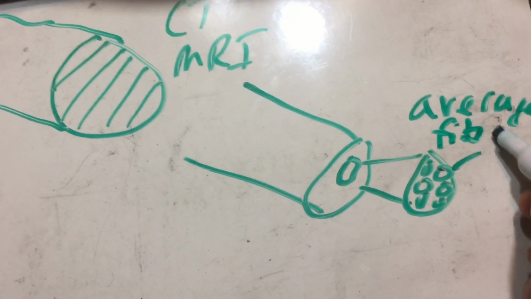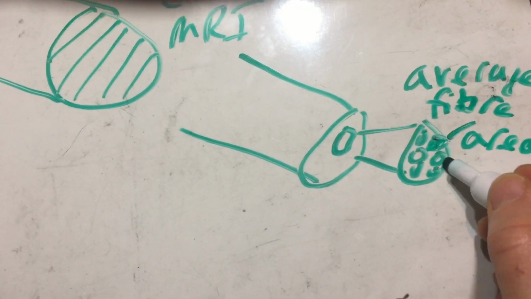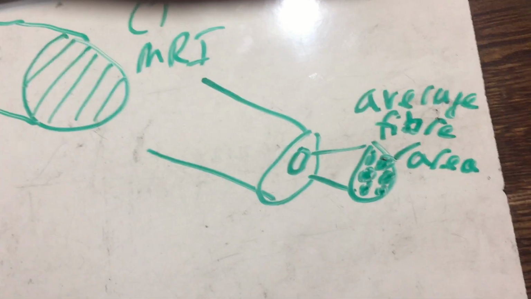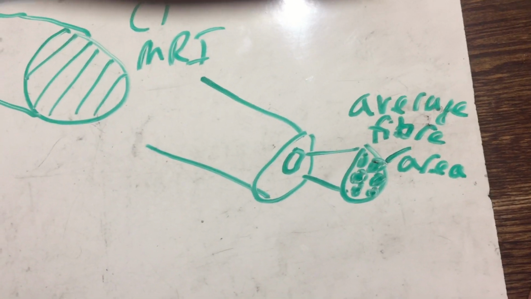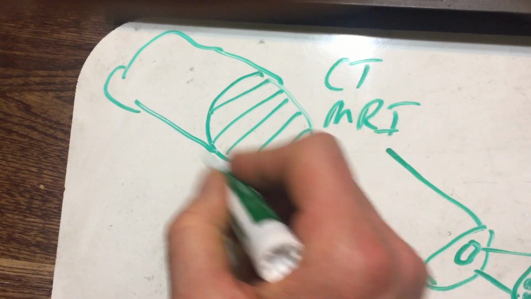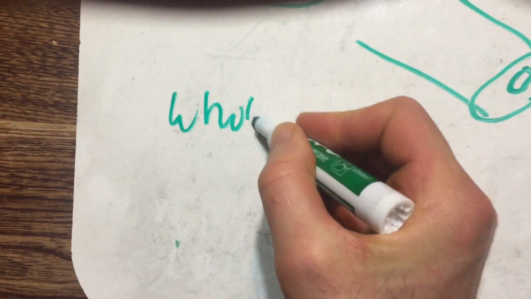so this is your average muscle fiber area, so cross-sectional area. You can take your average muscle fiber cross-sectional area and divide it into the area of the whole muscle. So you get whole muscle area.